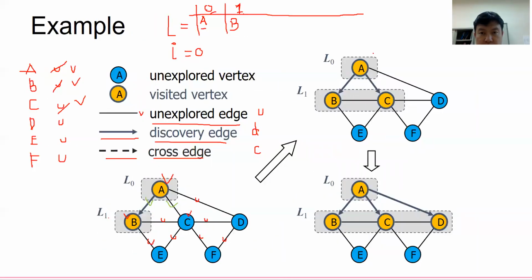So the graph will be something like this one: L0, L1. L0 contains only one, and L1 now contains two.